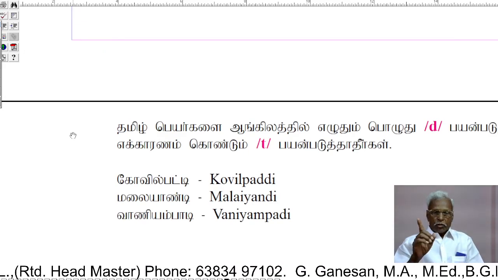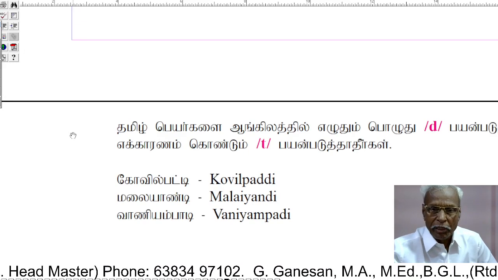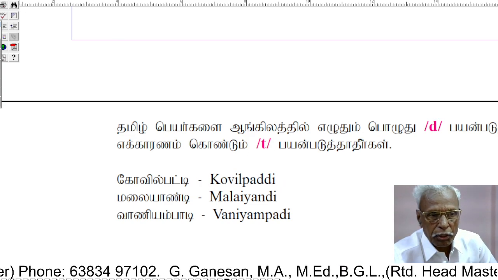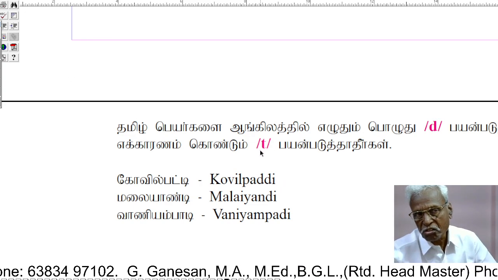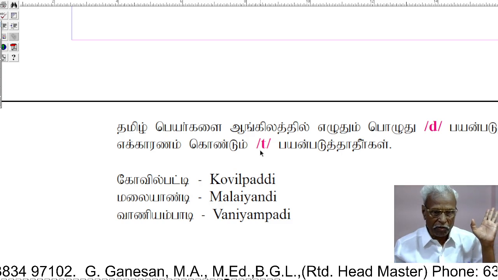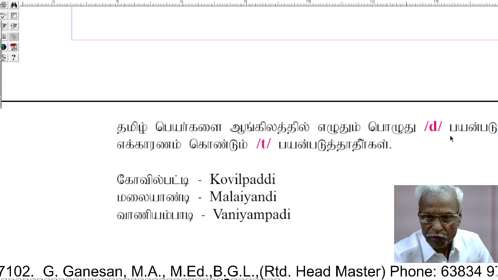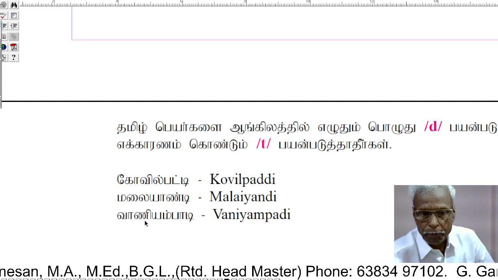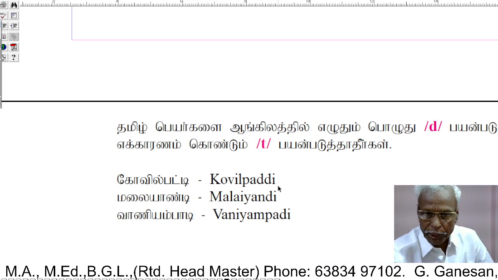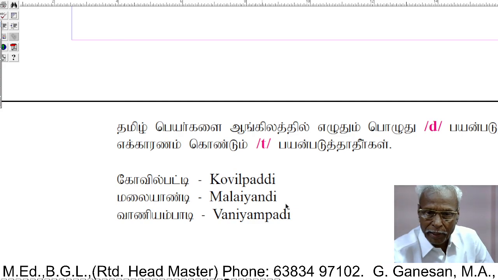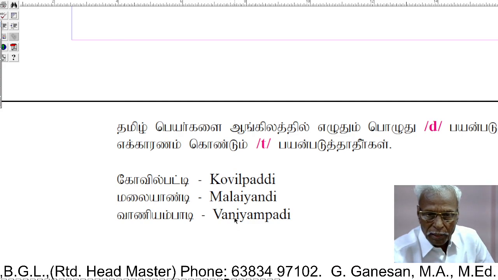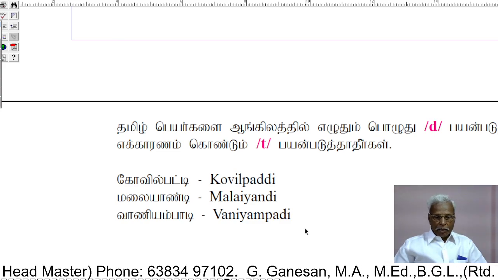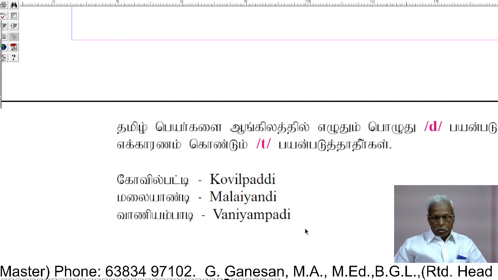To refer to Tamil, this letter should not be used, as this phoneme is not available. As the nearest one is available, we can use it in Tamil. You see, Kovilpatti, Malayandi, Vaniyambadi.